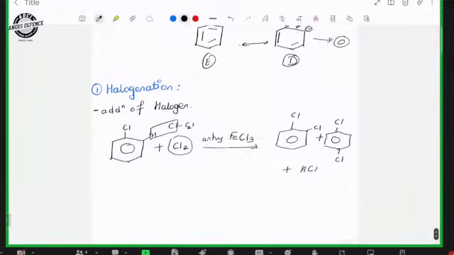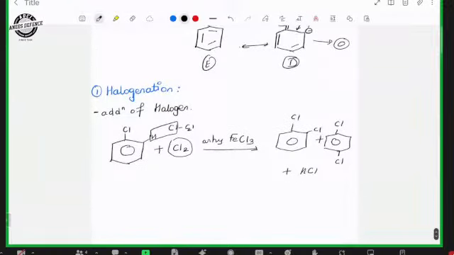Okay. So what is the name of the first product A? 1,2-dichlorobenzene, and the second is 1,4-dichlorobenzene. So could you predict what would be the major and what would be the minor product? Major will be 1,4-dichloro. Why?